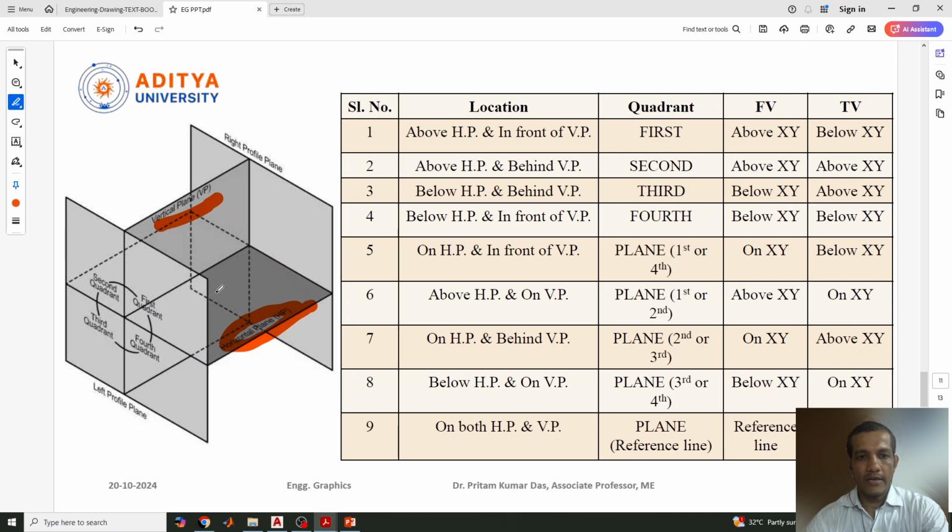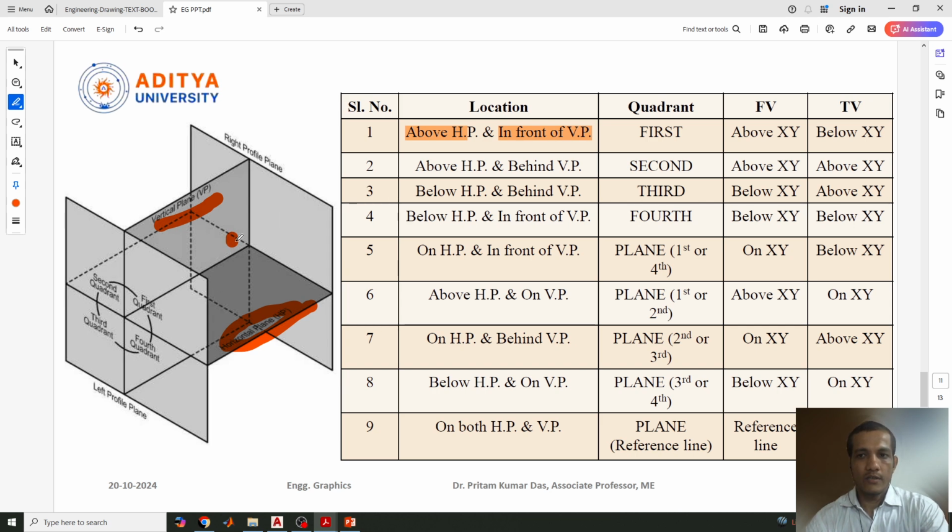If you keep any object at this quadrant, suppose the point is located here, then the location will be called: the point is located above HP and in front of VP. So the point is located in the first quadrant.